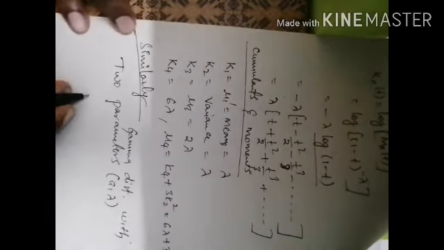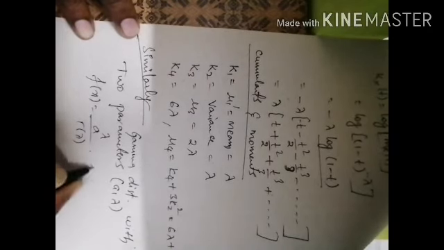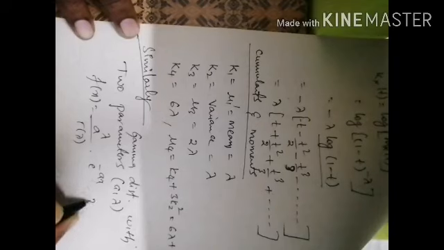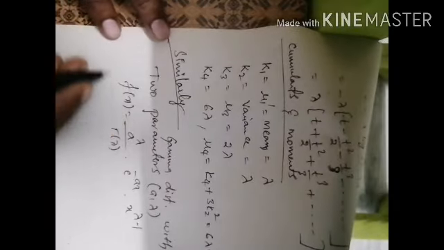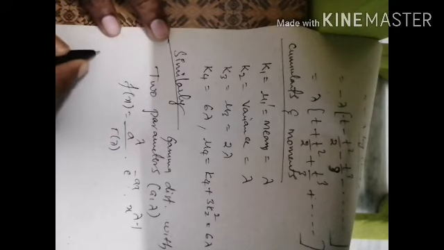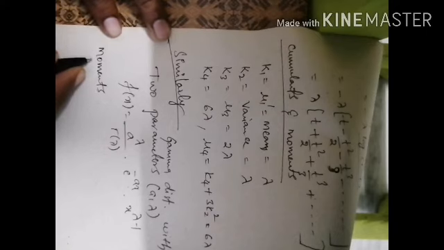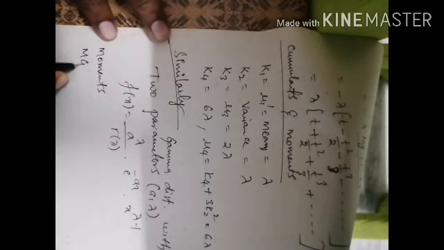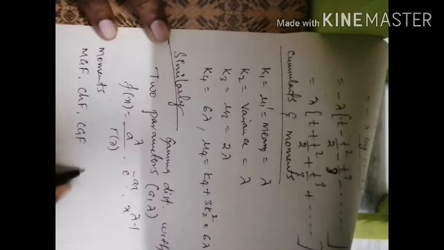The PDF is f(x) equal to a to the power of lambda by gamma of lambda times e to the power of minus ax times x to the power of lambda minus 1, right? So you can find all the moments, central and non-central, and properties such as MGF, CHF, and CGF.